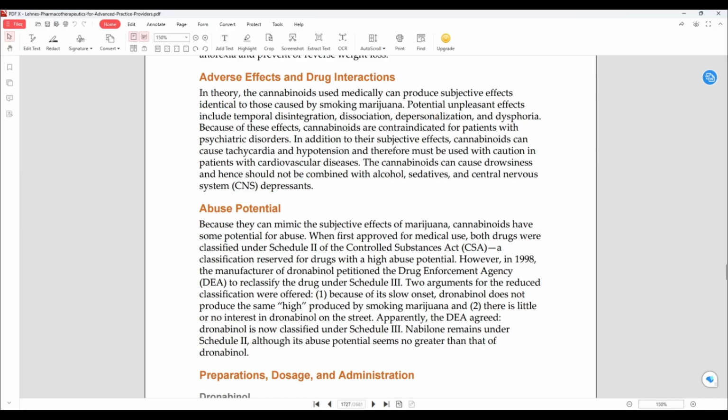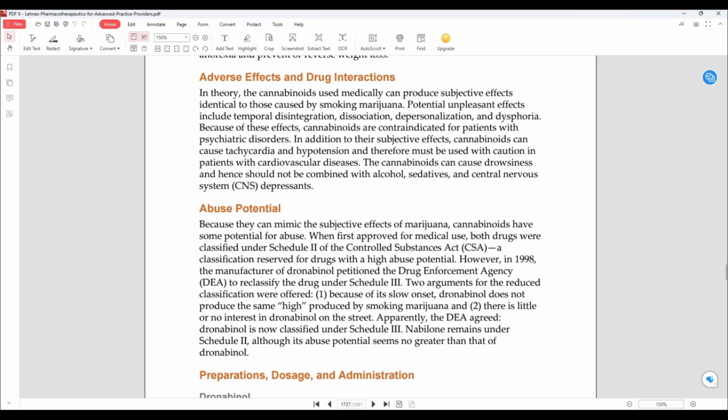However, there are adverse effects and drug interactions. In theory, the cannabinoids used medically can produce subjective effects identical to those caused by smoking marijuana. Potential unpleasant effects include temporal disintegration, dissociation, depersonalization, and dysphoria. Because of these effects, cannabinoids are contraindicated for patients with psychiatric disorders.